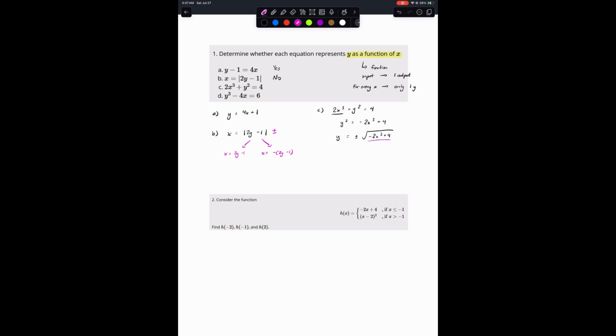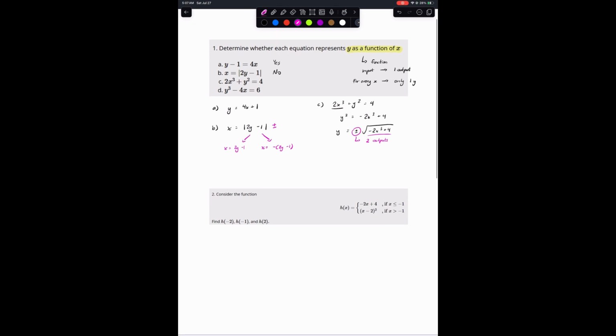The restriction's not really important. The important part is that we have this plus minus, and plus minus means there are two outputs, y equals two different things. So for every x, we can have two outputs. So this is not a function.